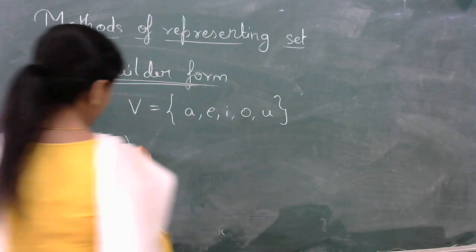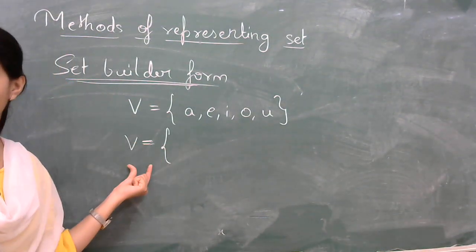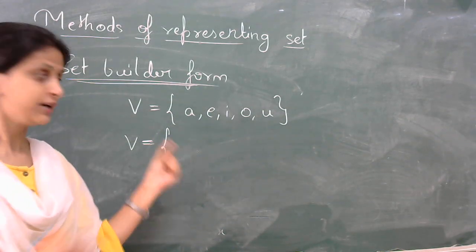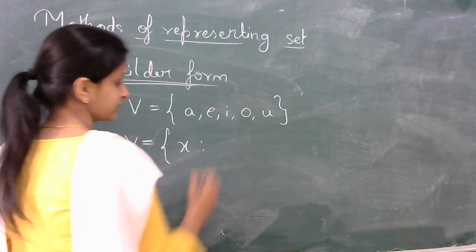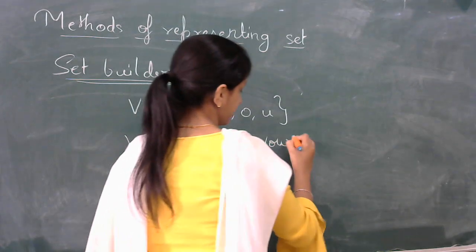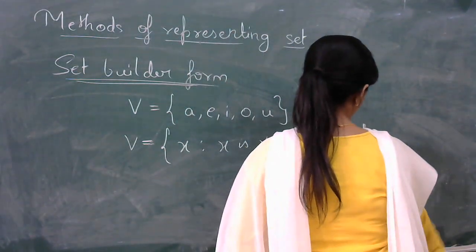So observe here. Again, we shall be representing it with some capital English alphabet, and we are going to write that common property in brackets only. So you shall write it as x such that x is a vowel in English alphabet.